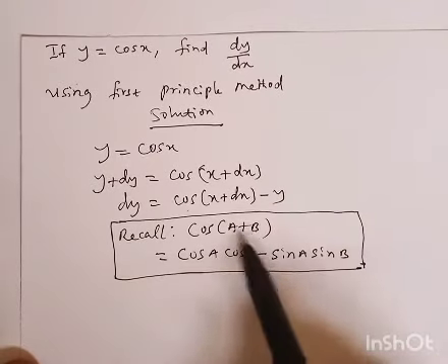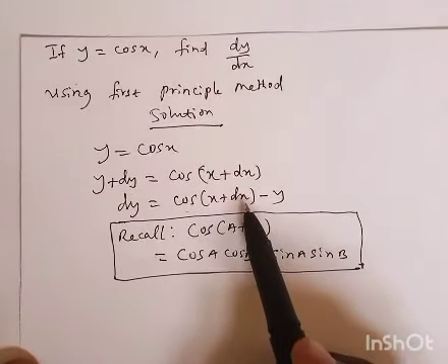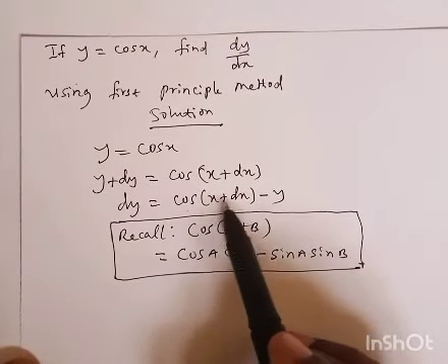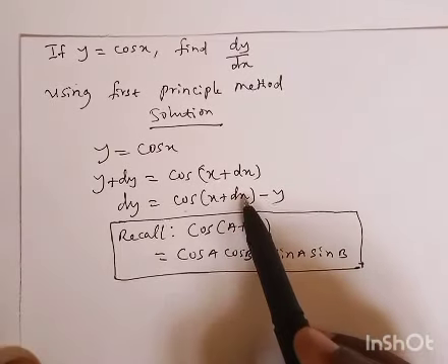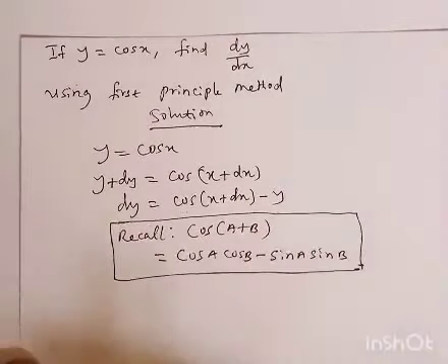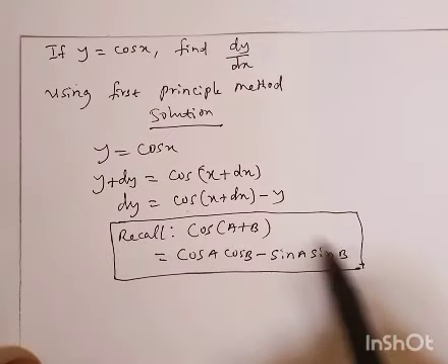We recall this because it is similar to what we have here. This is A plus B, this is x plus dx. So x is in place of A and dx is in place of B.